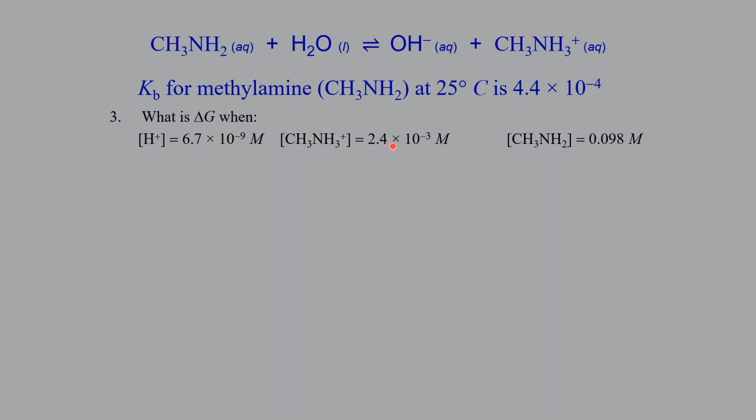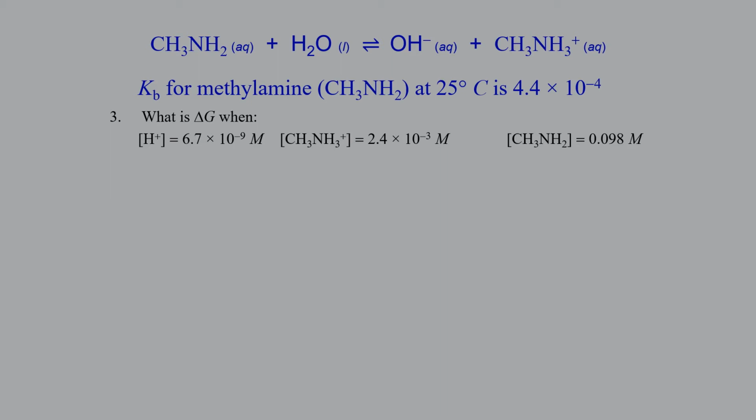We have 2.4 times 10 to the negative 3 molar methylammonium, and then finally 0.098 molar of the methylamine. You will note that in this case, these are decidedly not standard conditions. So we're going to need to use the relationship between the standard delta G and Q, which we now know.